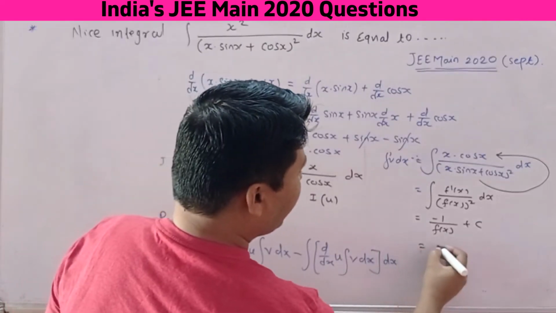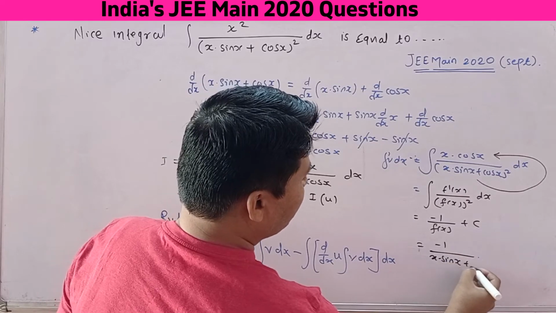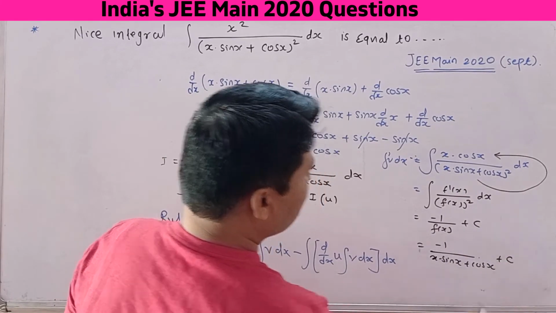So it equals minus 1 over (x sin x plus cos x) plus C.